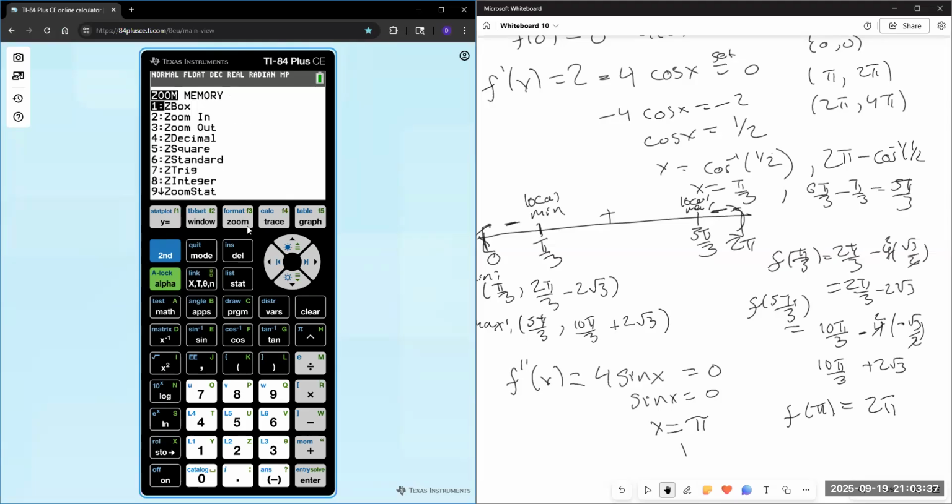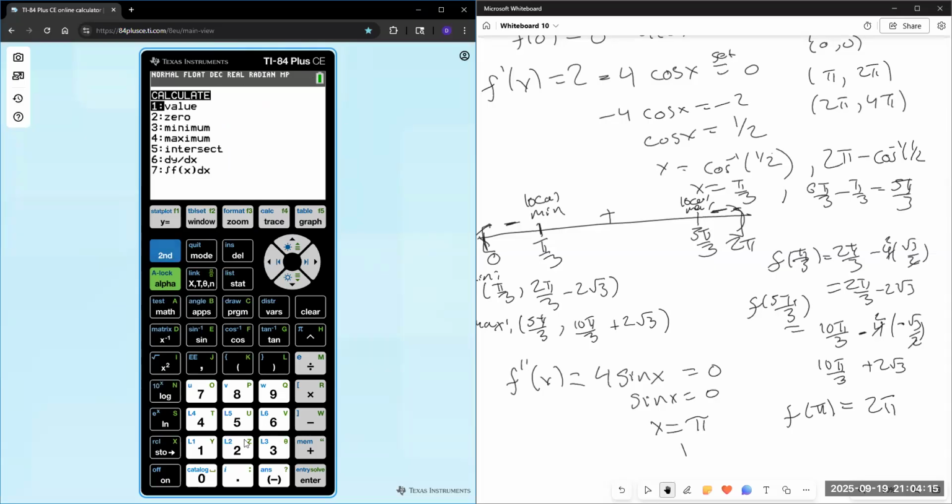So let's zoom trig here, and then second calc, zero, and I have an x-intercept at negative 1.8 something, but that's not in my domain because I have to start at 0.